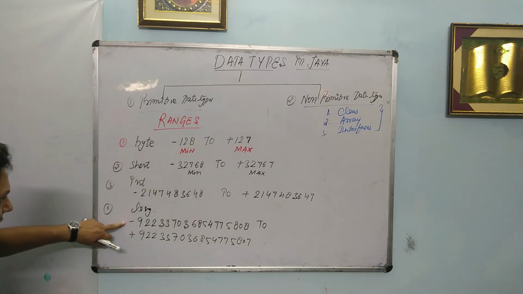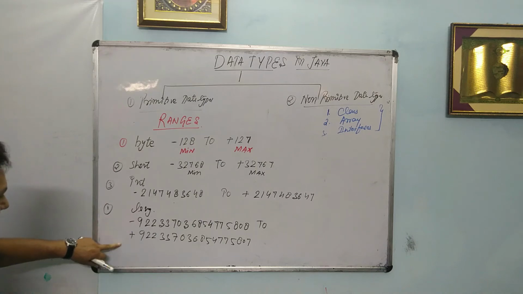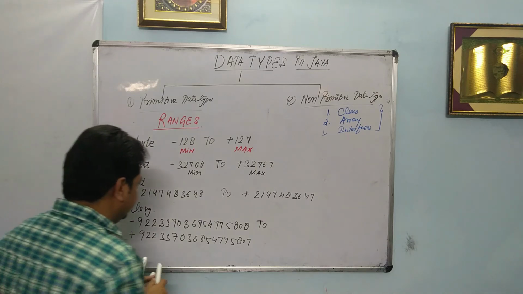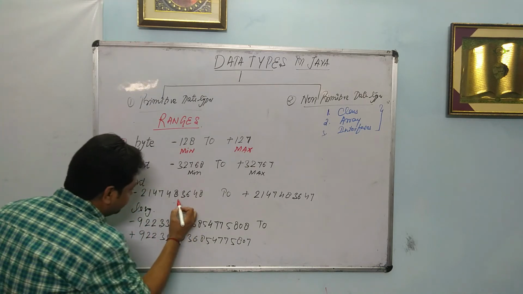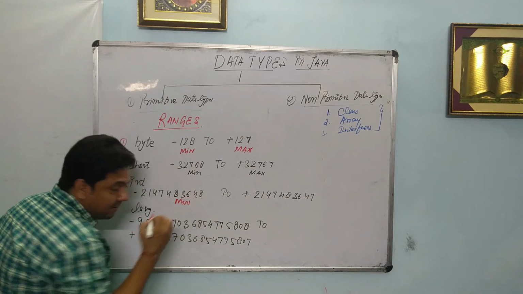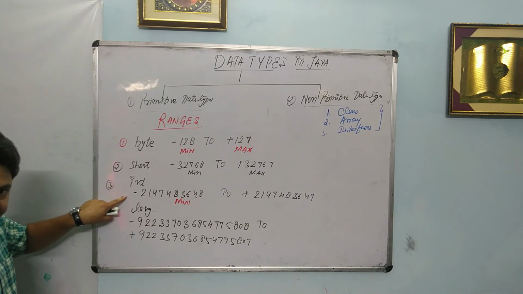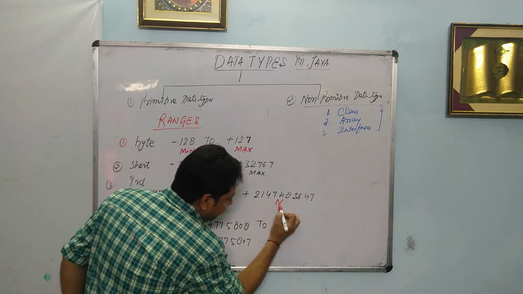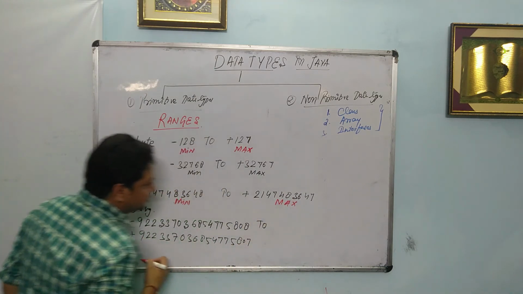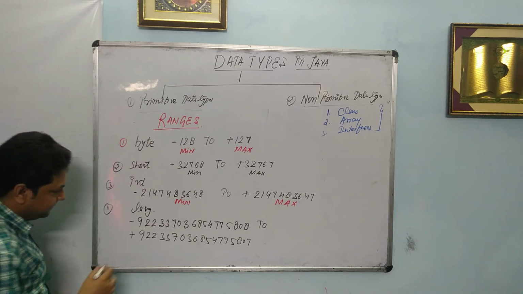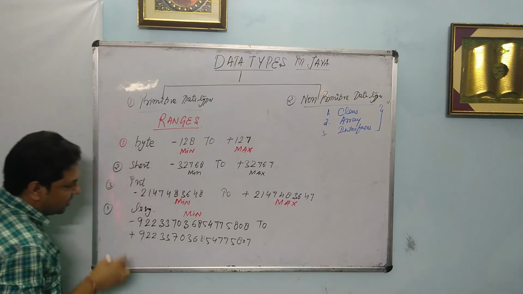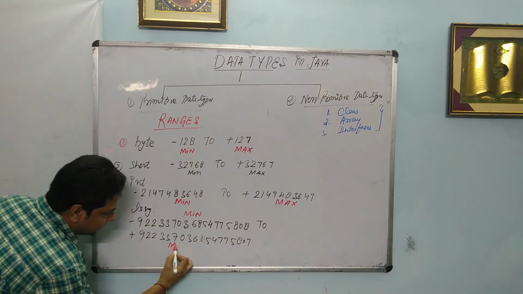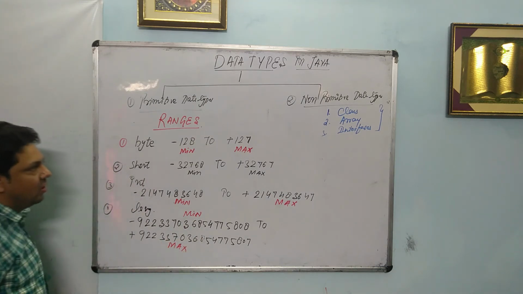This is the minimum range of long. This is the maximum range of long. Minimum range of integer, maximum range of integer. This is a minimum range of long. This is a maximum range of long.